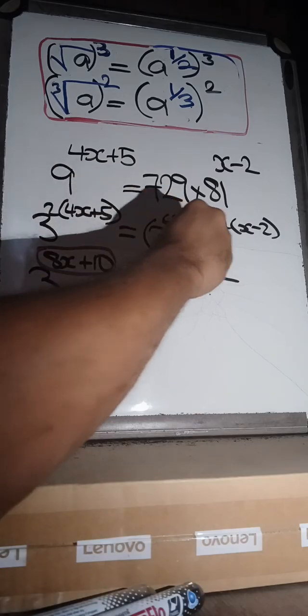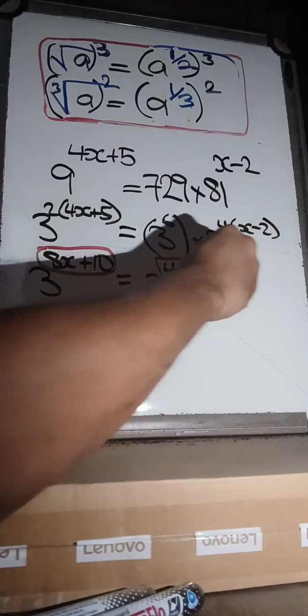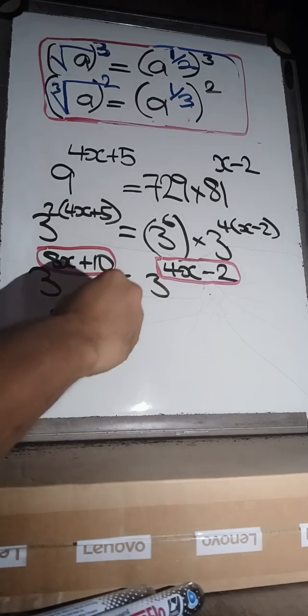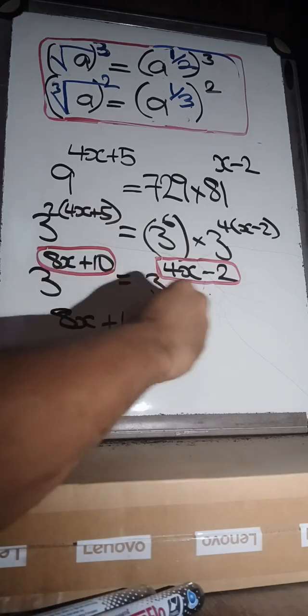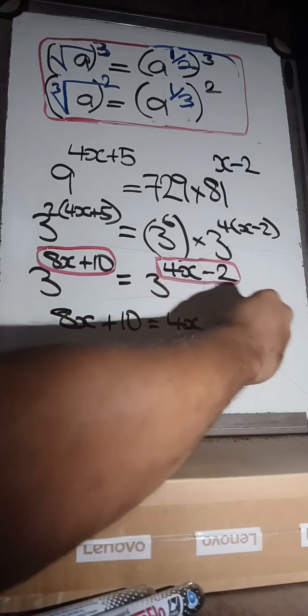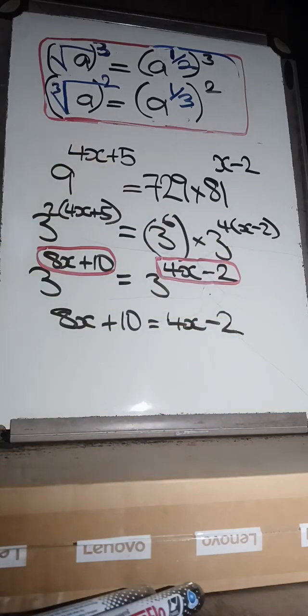This is 4x minus 2. Alright, so now we forget about the bases. 8x plus 10 equals 4x minus 2.